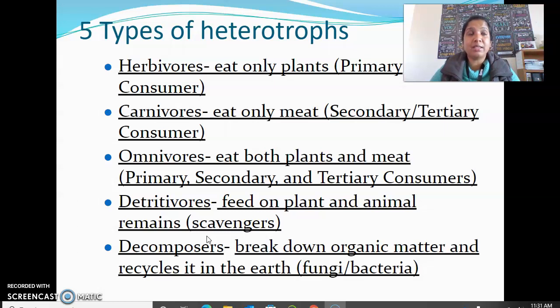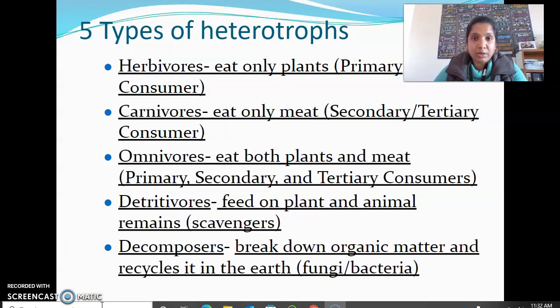And some organisms just look in that trash to check if there is food and feed on it. So that is different from carnivores, which hunt and eat. And decomposers are those microorganisms which feed on the dead organic matter, so that they bring the organic matter back to life.